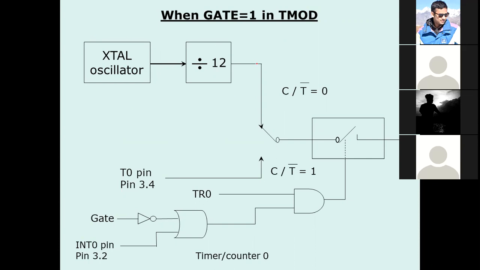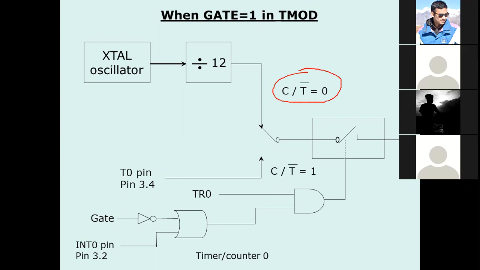Now this part is connected here, and the T0 pin is port 3.4, that is the fifth pin of port 3, the parallel function done by port 3 pin number 5. P3.4 is the timer 0 pin, and P3.5 is the T1 pin. Clear? Now we are coming back here, C/T bar.